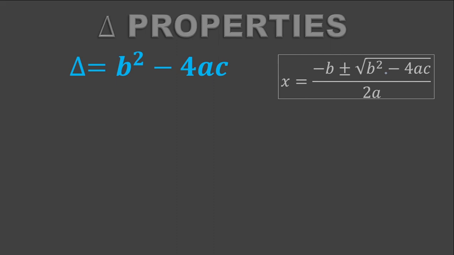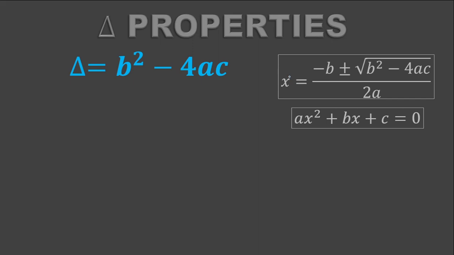We use the quadratic formula when we have a quadratic equation in the form ax squared plus bx plus c equals 0, to solve for the values of x, or to find the roots of the quadratic equation. We do this by simply substituting in a, b, and c, which represent values, into our quadratic formula, and this will give us the values of x. In other words, it will give us the roots.